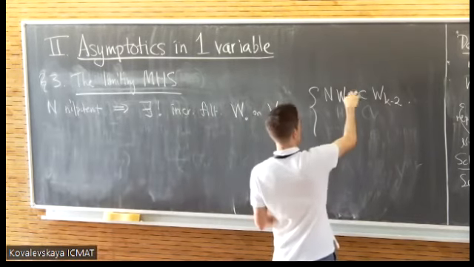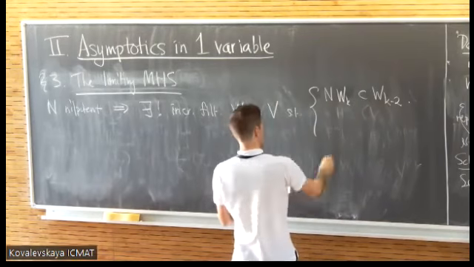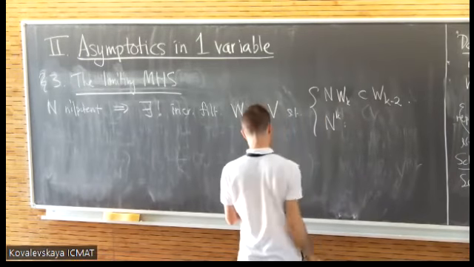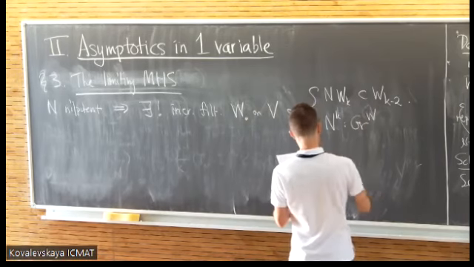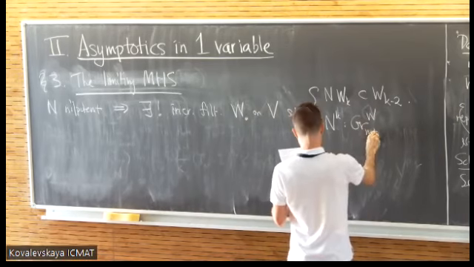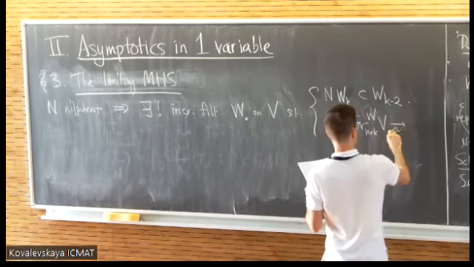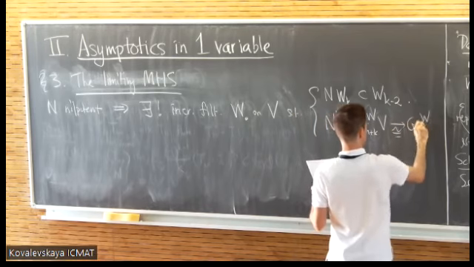I'm not writing the W_k V, but it's implicit. And N to the k, applying it k times, gives me isomorphisms between grade weight n plus k of V and grade weight n minus k.